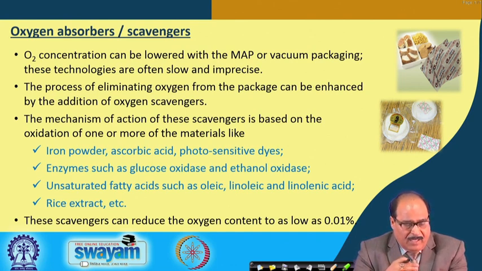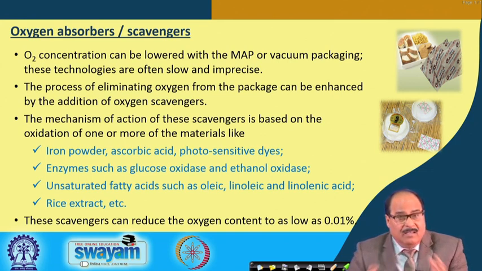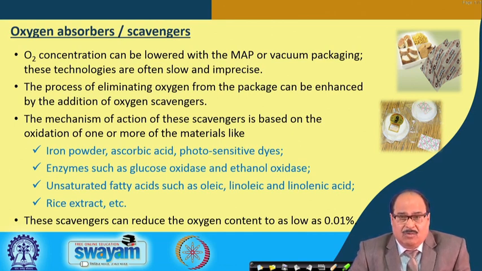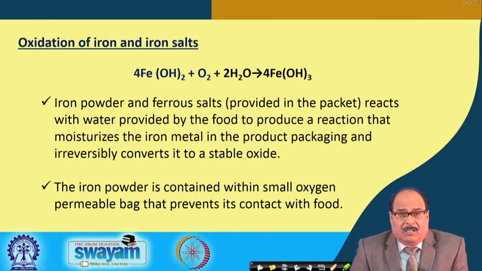Also enzymes like glucose oxidase and ethanol oxidase, unsaturated fatty acids like oleic acid, linoleic acid, linolenic acid, rice extract, etc. are used for the control of oxygen absorption. In fact, these scavengers, depending upon the type of the food or the other conditions prevailing inside the storage facility, can reduce the oxygen content to as low as 0.01%.